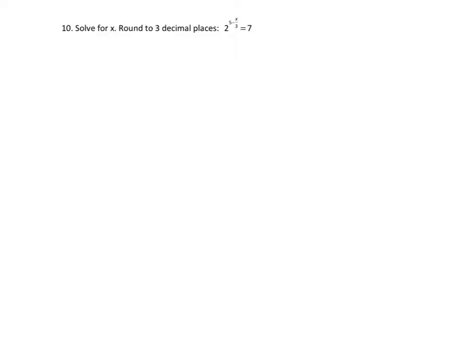To solve this next equation for x, x is in the exponent. The exponential part is all by itself, so I'm going to try changing this to log form. And I get log base 2 of 7 equals 5 minus x over 3.